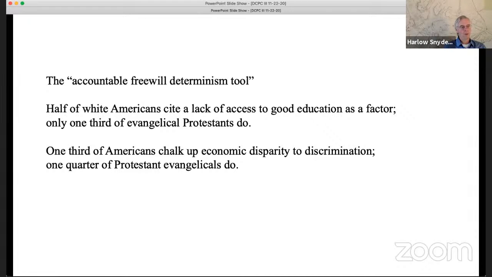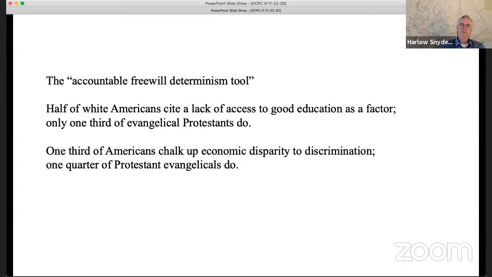And you can also imagine that, among the third of Americans that chalk up economic disparity to discrimination, you could very easily believe that white America generally is still influenced very much by white evangelical culture, even if those people giving those answers don't explicitly say they believe evangelical doctrines or subscribe to evangelical tenets anymore.